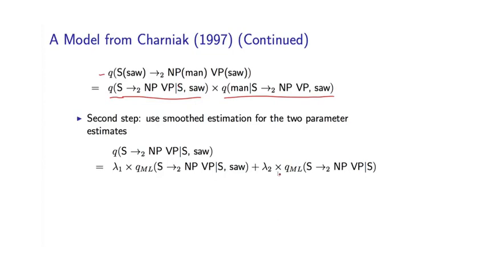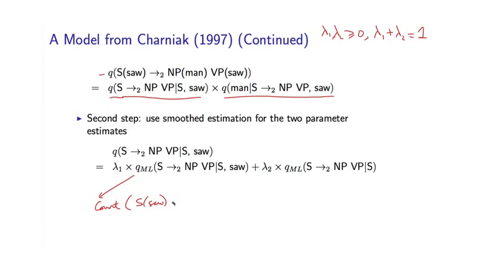So in this example, I'm going to use linear interpolation. So we're going to have two parameters, lambda 1, lambda 2 greater than or equal to 0, and lambda 1 plus lambda 2 is equal to 1. And what do I have here? I have two maximum likelihood estimates. So if we look at this first one, this is going to be estimated as the count of S SOR.